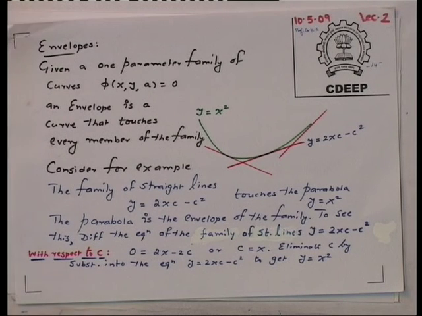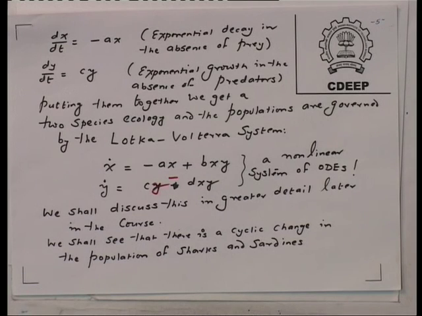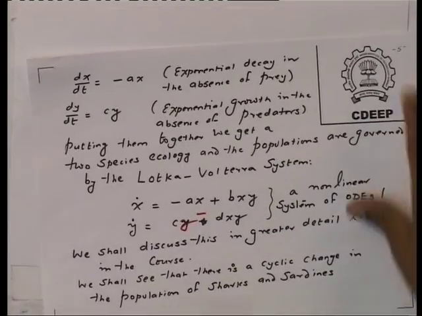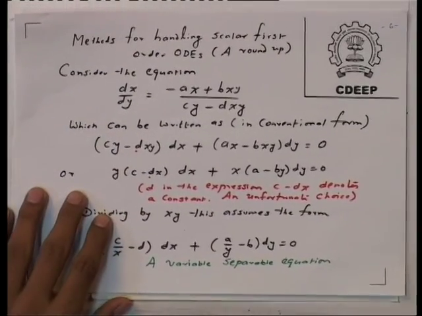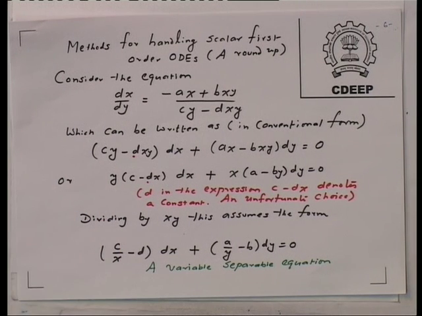You take the equation y equal to 2xc minus c squared. Differentiate the equation with respect to c, the parameter. What do you get? 0 equal to 2x minus 2c. Then you eliminate c between the two equations.